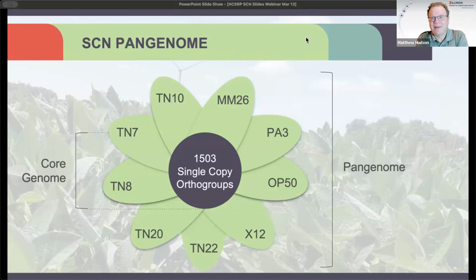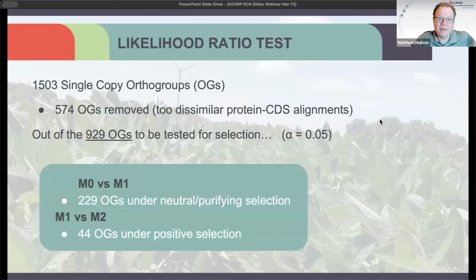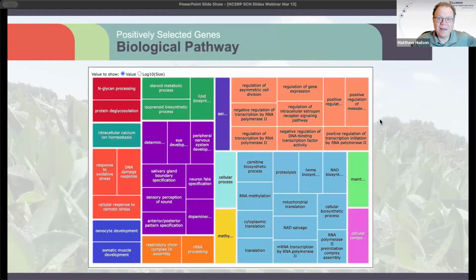So we thought, let's start off looking at those 1,500 or so genes that look like they're exactly the same. And they're part of those 60 or so % that are thought to be necessary for life. But it turns out when we look at those, a lot of those genes are actually different. And a lot of those genes seem to show signatures of change between the different HG types.